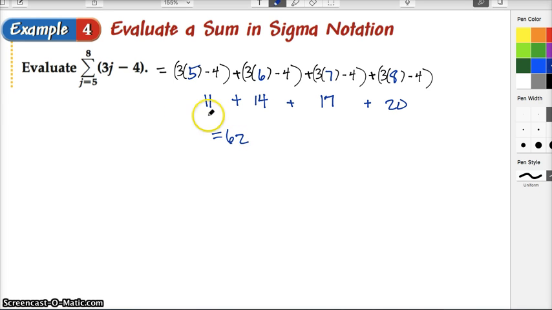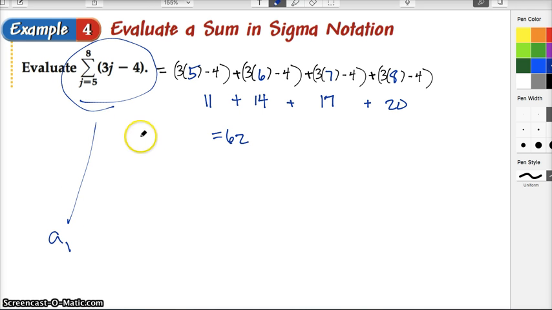But as promised, we could look at this a different way. If you can recognize that this is an arithmetic sequence in the beginning, you can simply find a sub 1 and a sub n, or the first and last term. In this case, the first term is 11 and the last term is 20. So then we can use the summation notation, right?